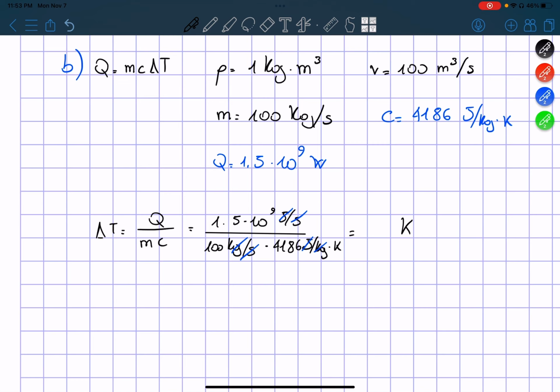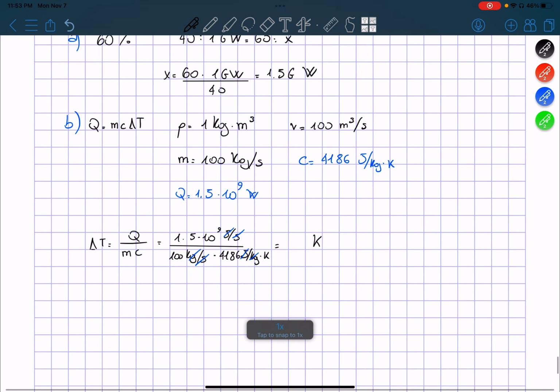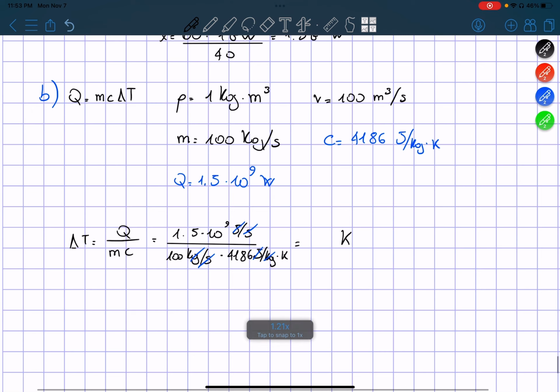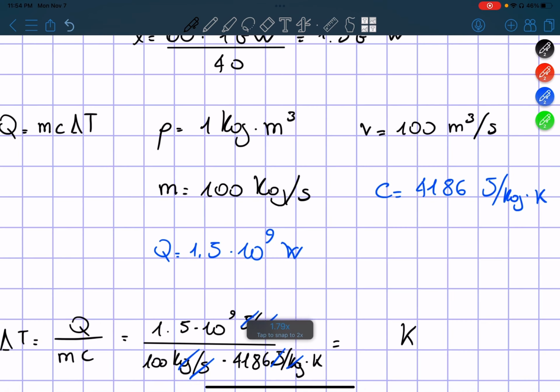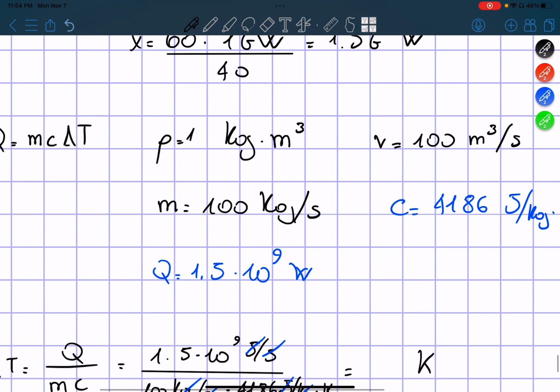I feel like I made a mistake. Oh, the density of water is not 1 kilogram per meter cubed, it is 1,000 kilograms per meter cubed.